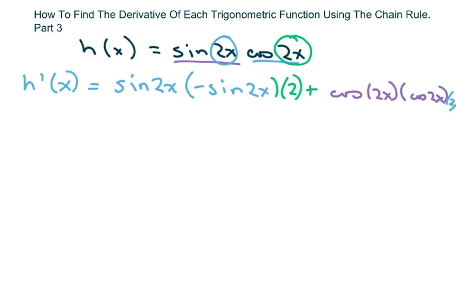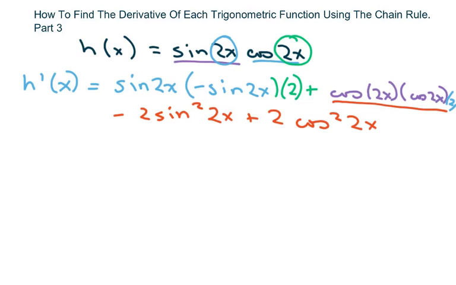Now, cleaning this up, this is going to be negative 2 sine squared of 2x, because we have 2 of these. And this one's going to be plus 2 cosine squared of 2x. And what I can do is rewrite this: 2 cosine squared of 2x minus 2 sine squared of 2x.